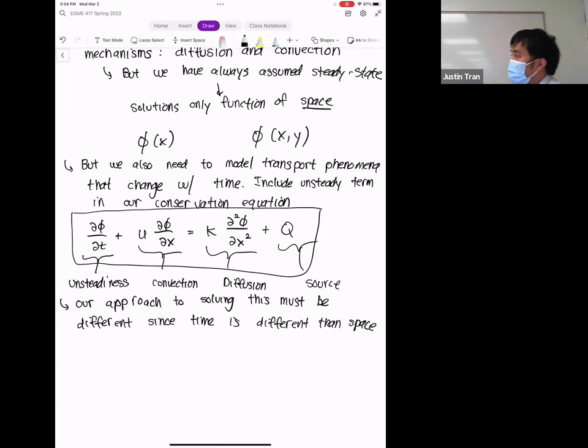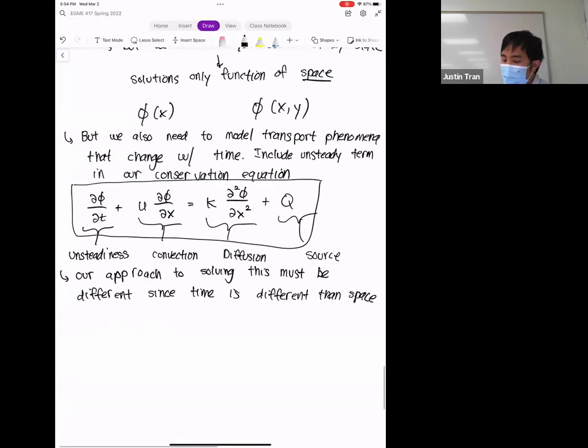The class of algorithms that we're going to use for this, that transcends just finite difference in general, is called time marching. That name has a very specific purpose, and you'll see what I mean.